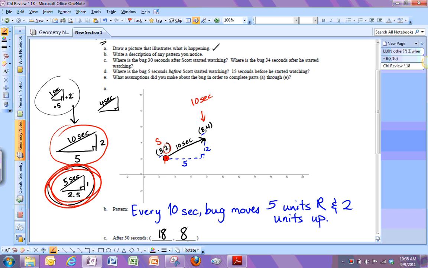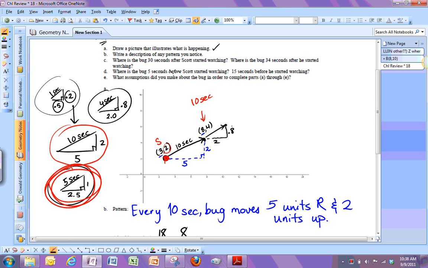So this guy times 4 is 0.8, and this guy times 4 is 2.0, or 2 even, really. Okay, so now if I want 14 seconds, I'm just going to go over 2 and up 0.8, and then you could figure out where that guy goes. If you needed 14 seconds. Remember, that's a made-up part of the problem, but it comes in handy for similar problems like this. Okay? If you don't understand it, go ahead and rewatch it.